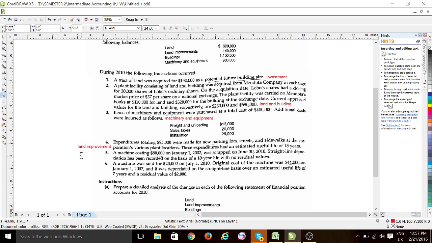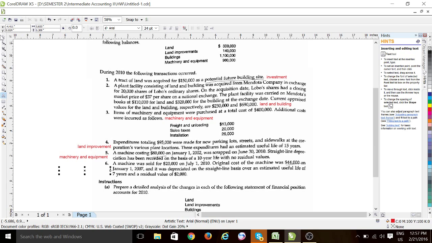This is affecting the machinery and equipment account. It's a deduction on this account. And then the last one is selling a machine on July 1st, 2010. This will also affect the machinery and equipment account as a deduction.